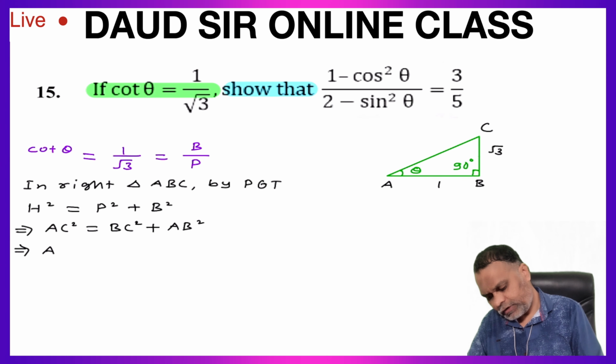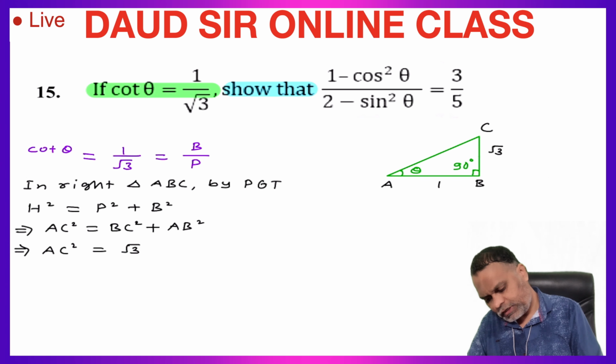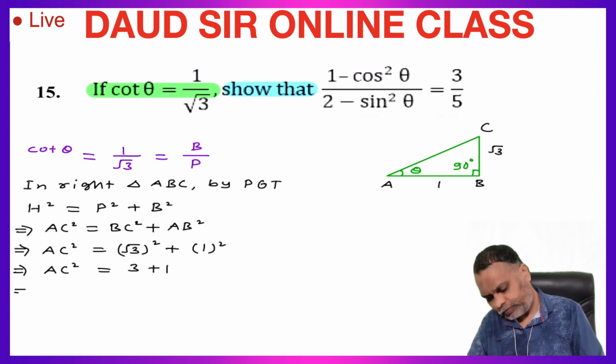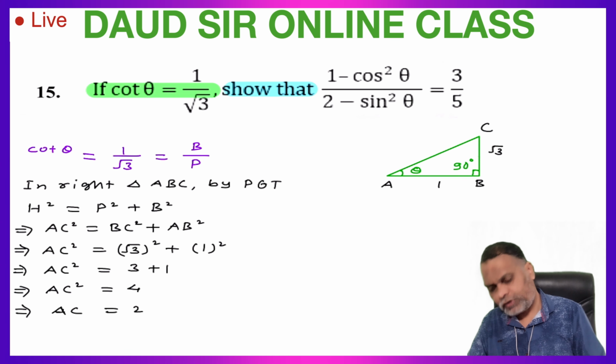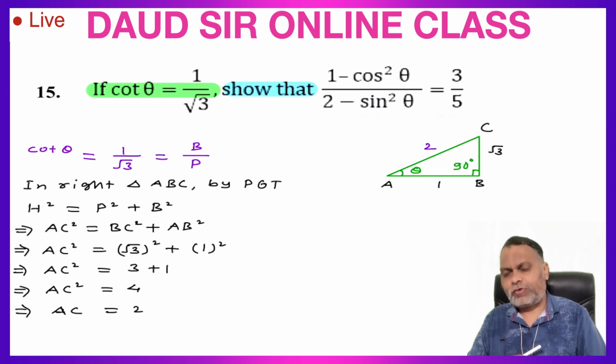AC is missing, so write AC square as it is. BC is root 3, so root 3 square plus AB is 1 square, which implies AC square is equal to 3 plus 1, 4. So AC is equal to square root of 4, which is 2. This is the length of the side. So this is 2 only.